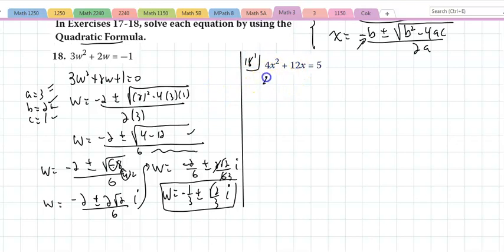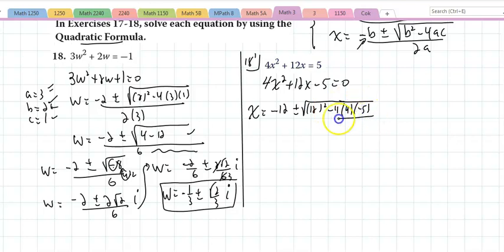If you take 4x squared plus 12x minus 5 equals 0, and if you use the quadratic formula, x will equal negative b, b is 12, plus or minus the square root of b squared, 12 squared, minus 4 times a times c, all over 2 times a. X will equal negative 12 plus or minus the square root. That's 144. This is a positive. 5 times 2 is 20. 20 times 4 is 80.